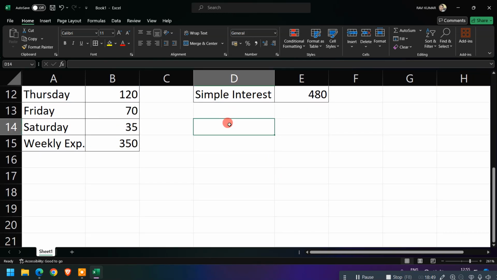Suppose you want to display 48 plus 30 plus 2 divided by 3, 2 divided by 3. So you want to apply the formula.